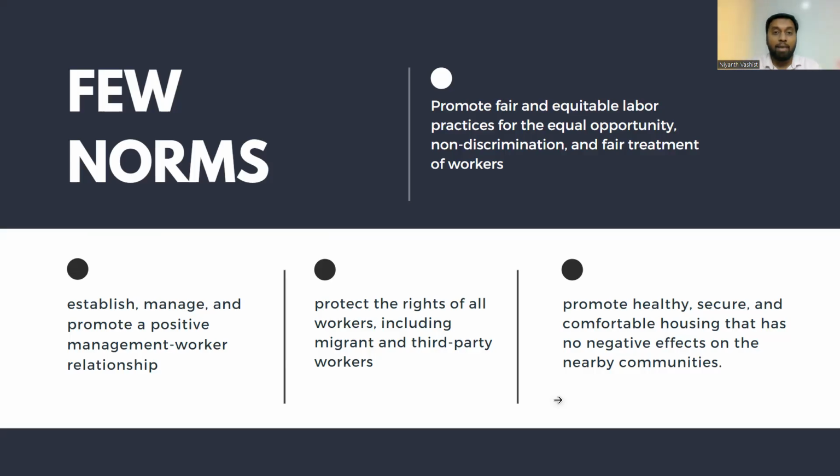Second, we need to establish, manage, and promote positive management worker relationship. So management worker relationships means what? That means the management should be available to listen to the problems of the labor. Similarly, the labor should be able to understand the problems and the pressures which the site management goes through. So that is something that the site management has to take care of, not the laborers.